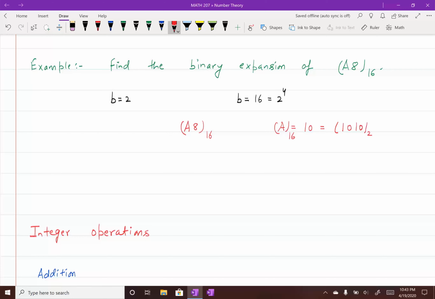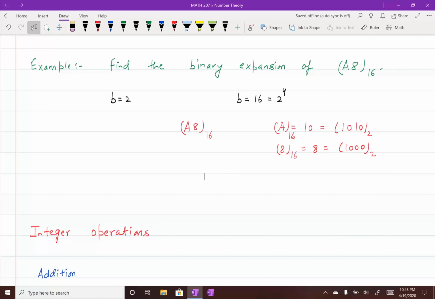The rightmost digit here is 8 with the base 16, which is going to be 8 in a decimal expansion, and 8 in a binary expansion you can represent as 1000, okay, with the base 2.